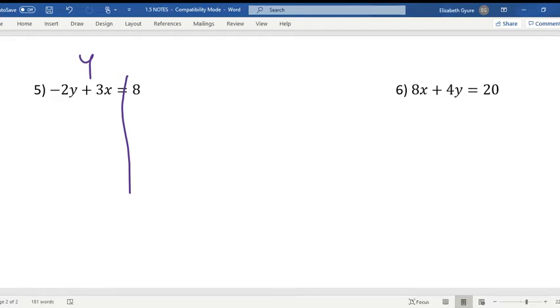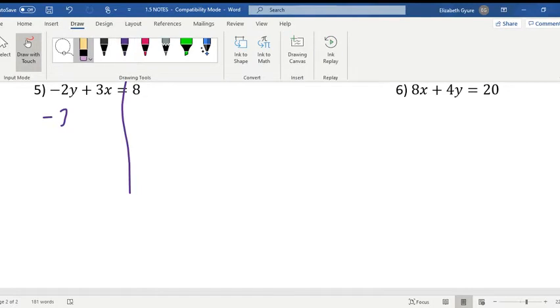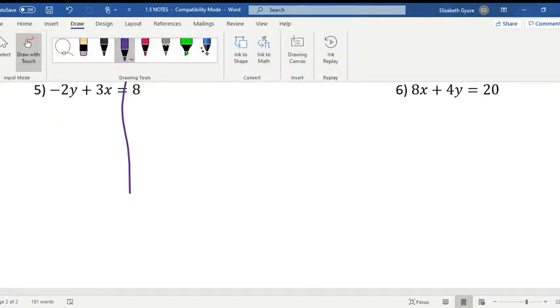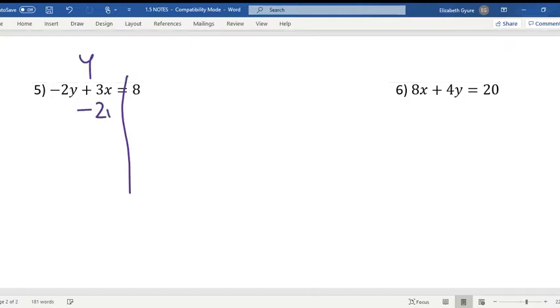Okay, so Bailey, negative 2y, should it stay or should it go? It should stay. Okay, so now 3x.